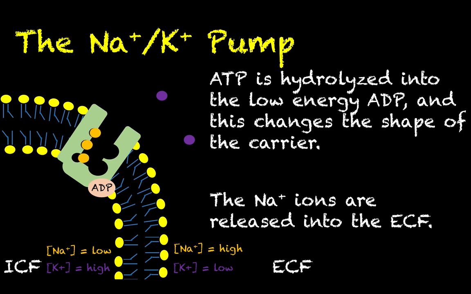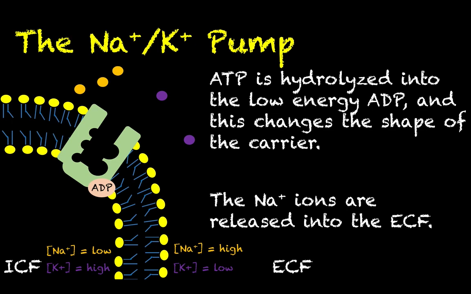Once this has occurred, these 3 sodium ions can now diffuse into the extracellular fluid, the area where sodium is normally at a higher concentration. So that achieves half of our goal. We have moved 3 sodium ions from an area of low concentration now to an area of high concentration.